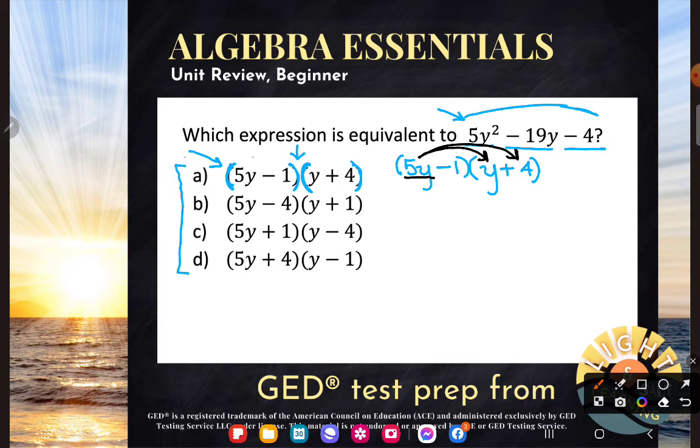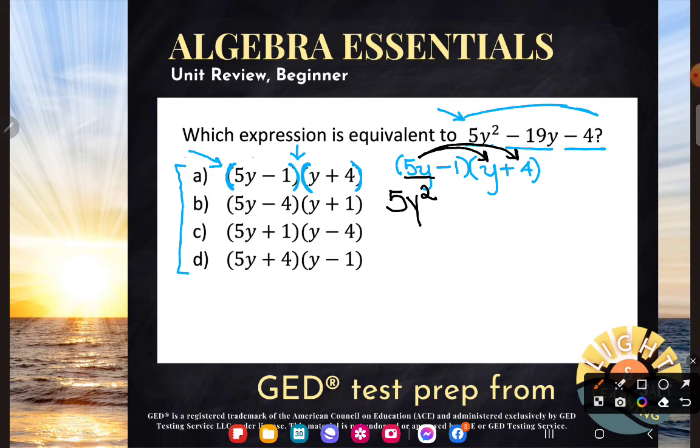So let's start with 5y times y. The coefficient out front is 5. But be careful: y times y. When you have repeated factors, even unknown ones, you can use exponents to represent that. So y times y is y squared, and 5y times y is 5y squared.